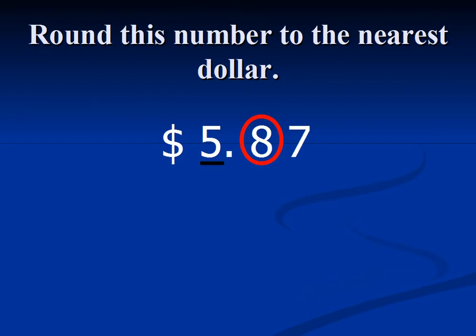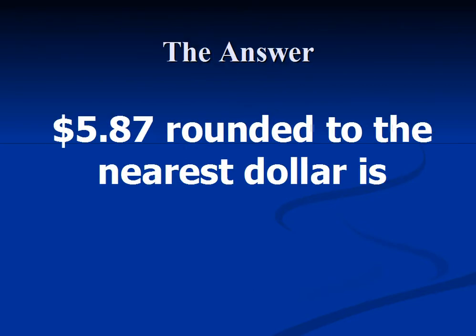Well, the 8 is greater than 4, so 5 or more raise the score. So we're going to add 1 to the 5. That becomes a 6, and everything else becomes a 0. So $5.87 rounded to the nearest dollar is $6.